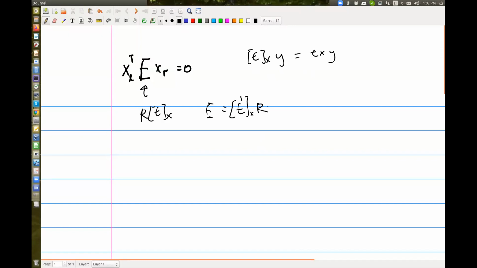So both are correct, depending on how I decompose that. Of course, this will be a different T here. The R here will be the same, but the T will be different. Actually, it turns out that this T prime should be just equal to RT. So I will quickly show why that is.